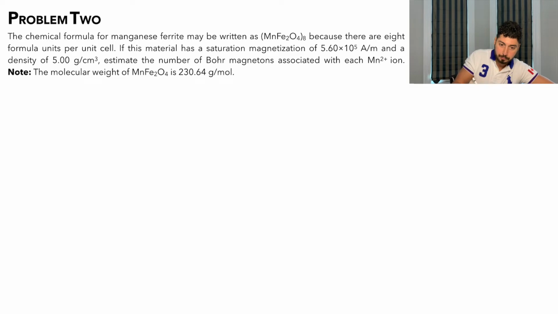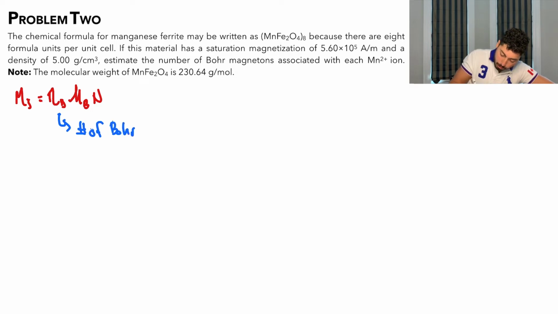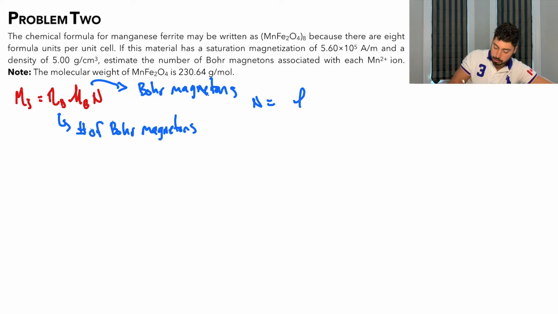So we know that our saturation magnetization, designated by M sub S, is equal to NB times mu B times N, where NB is the number of Bohr magnetons, mu B is the Bohr magneton, and N is equal to rho, which is the density, times Na, which is Avogadro's number, divided by A, which is the molecular weight.